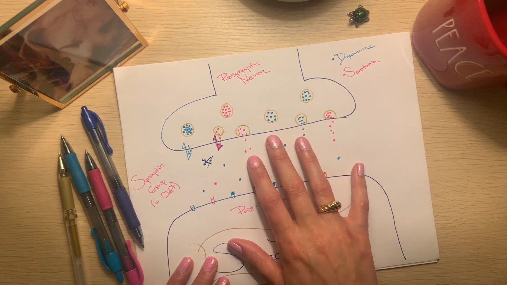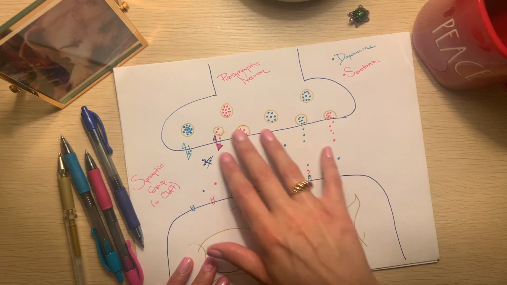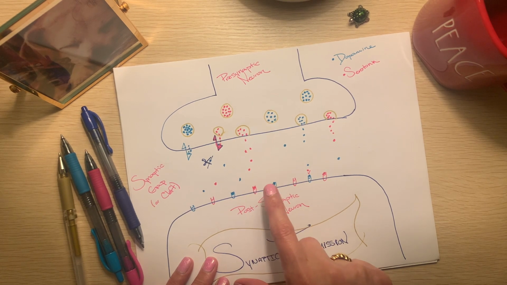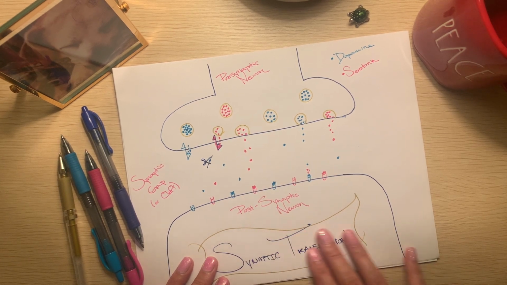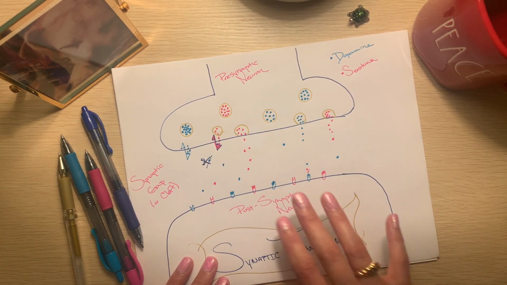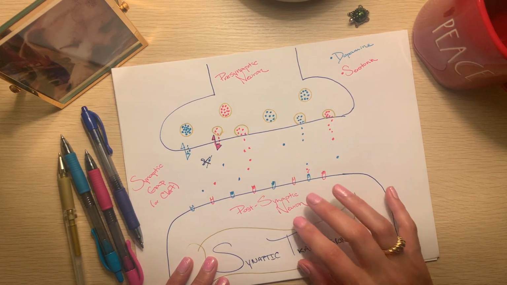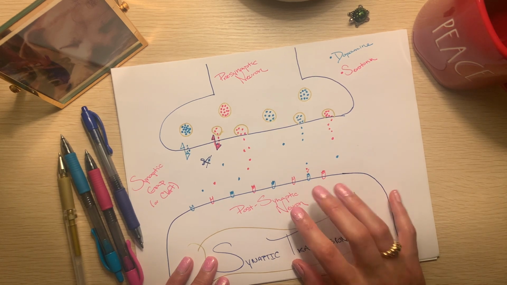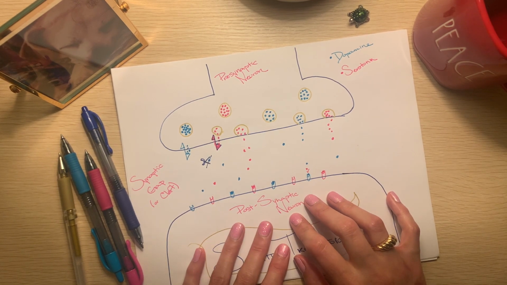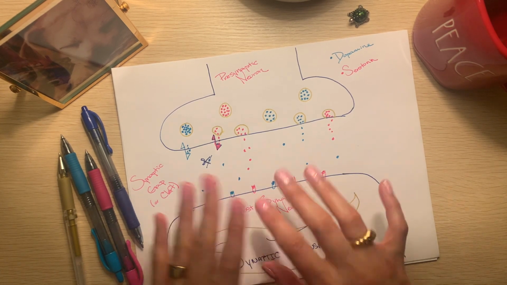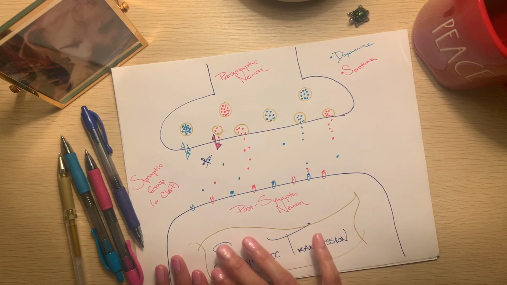Depending on the neurotransmitter, when they bind to the postsynaptic neuron, they can increase or decrease the likelihood of an action potential in this postsynaptic neuron, because some neurotransmitters, like GABA, for example, are inhibitory neurotransmitters, and many of them are excitatory neurotransmitters. So that is a little bit about synaptic transmission.